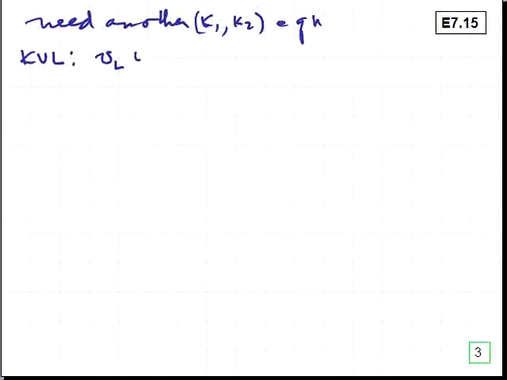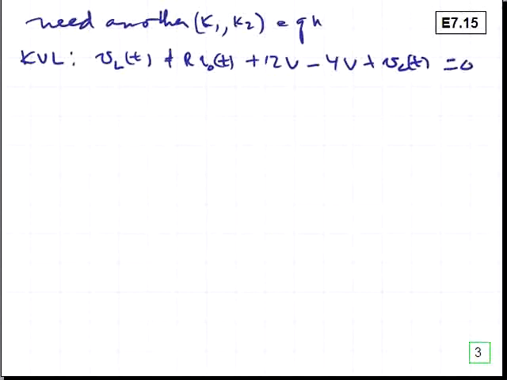We have V sub L of t plus R times I0 of t plus 12 volts minus 4 volts plus VC of t is equal to 0.